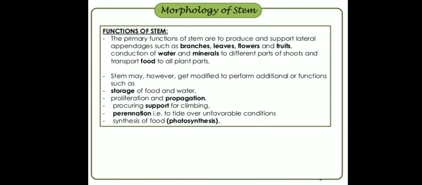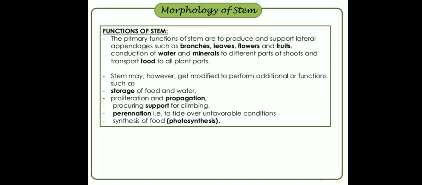So what are the functions of stem? The primary functions of stem are to produce and support lateral appendages such as branches, leaves, flowers and fruits. Also conduction of water and minerals to different parts of shoots and transport food to all plant parts. And the other functions are, stem may, however, get modified.